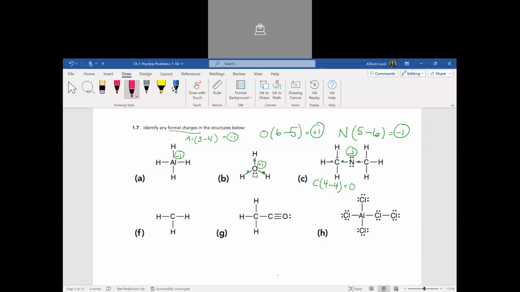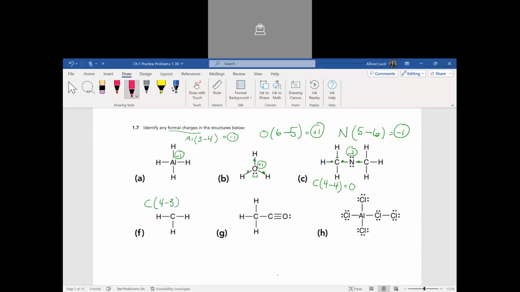Let's move down to molecule F here, and we'll take a look at this carbon. I had mentioned that carbon, in order for it to be neutral, would have to form 4 bonds to account for those 4 valence electrons and have that 0 net charge. What we see here is that carbon has formed only 3 bonds.